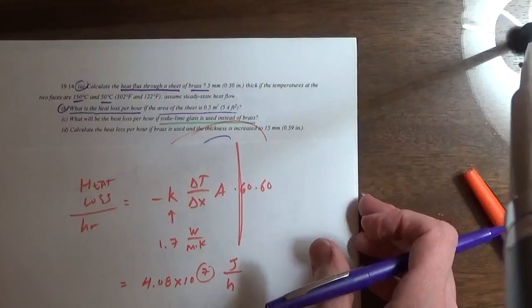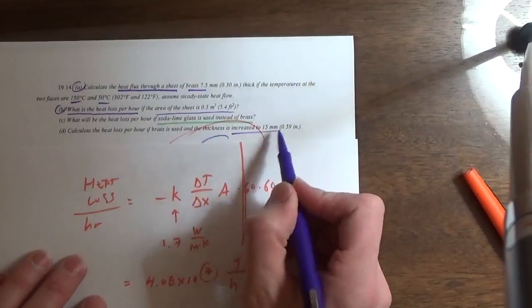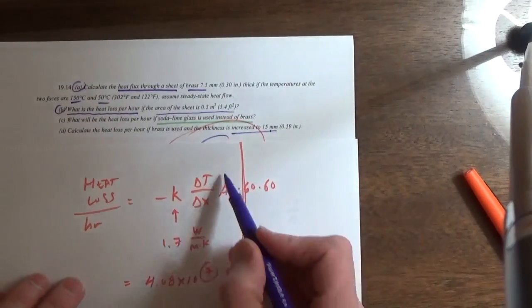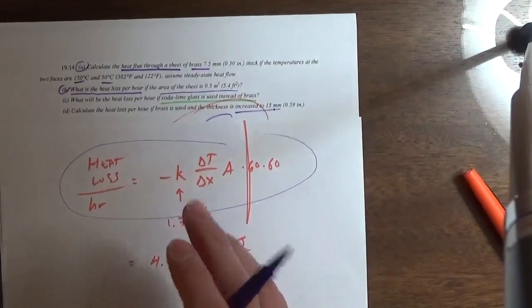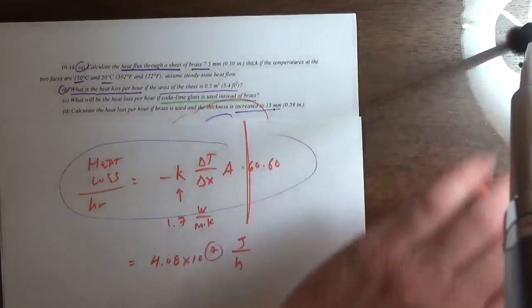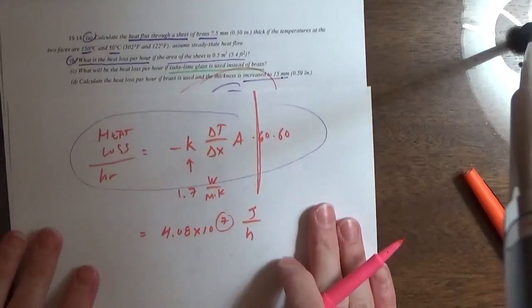The next part of the problem says, what if the thickness is increased to 15? Well, we still have the same equation, so let's pick another color, pink here.